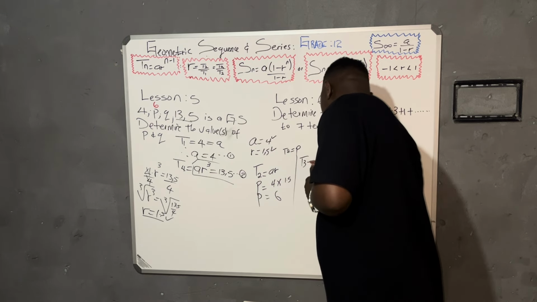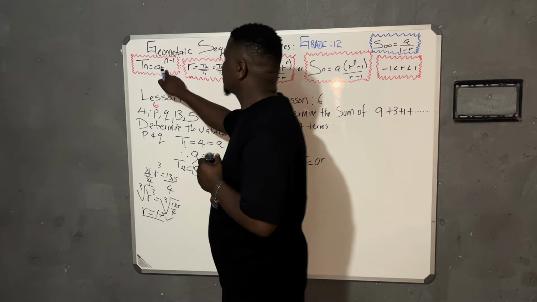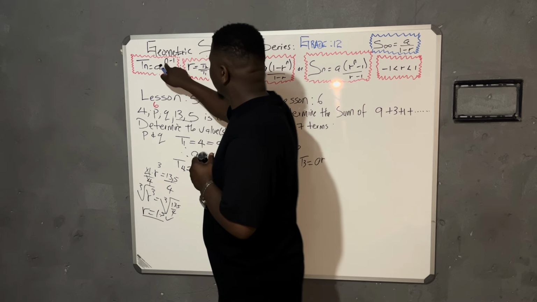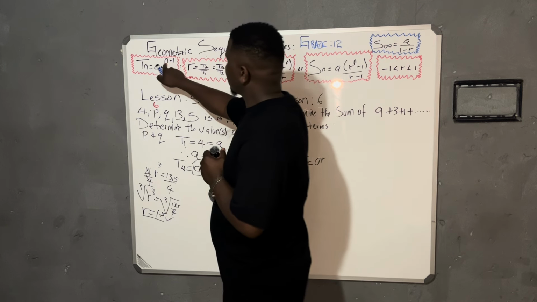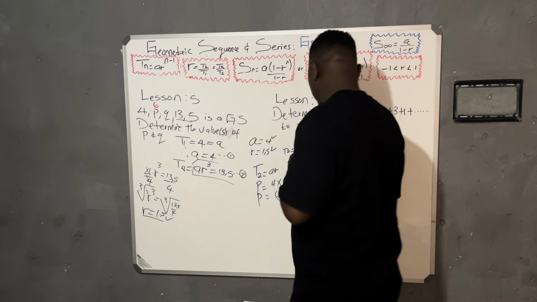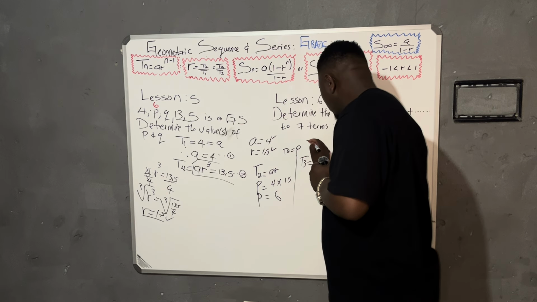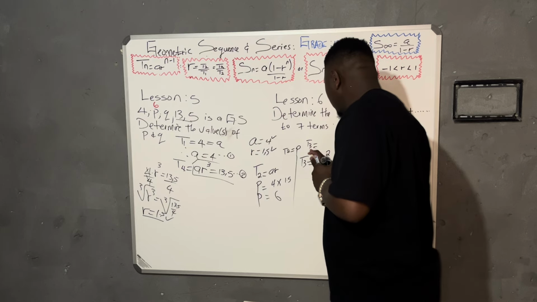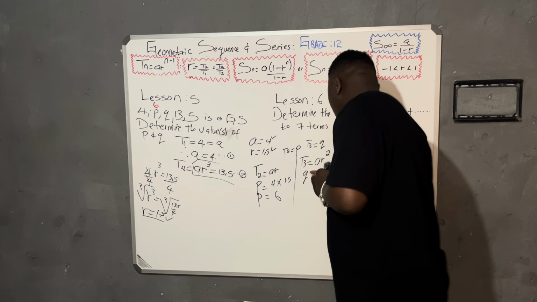Term 3 is AR to the n minus 1. What is n? n is 3, so 3 minus 1 is 2. We agree that term 3 is in the position of Q, so let's replace T3 with Q because that's what we want.